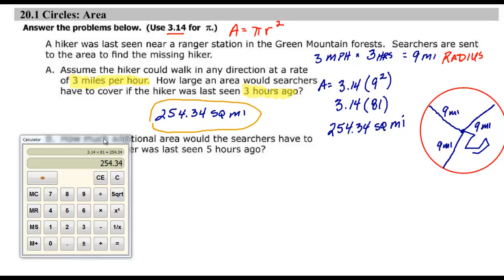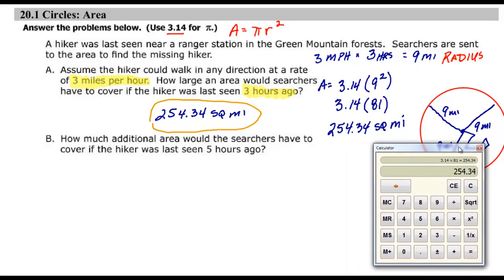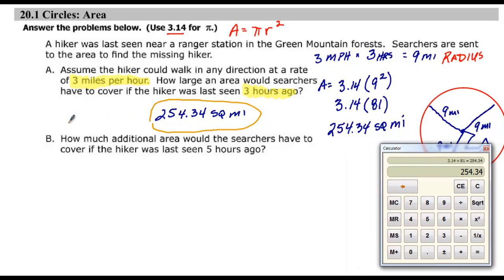Okay, now that brings us to question number 2, or part B. How much additional area, there's the key word right there, additional area, would the searchers have to cover if the hiker was last seen 5 hours ago? So once again, we need to figure out how far could the hiker have traveled.